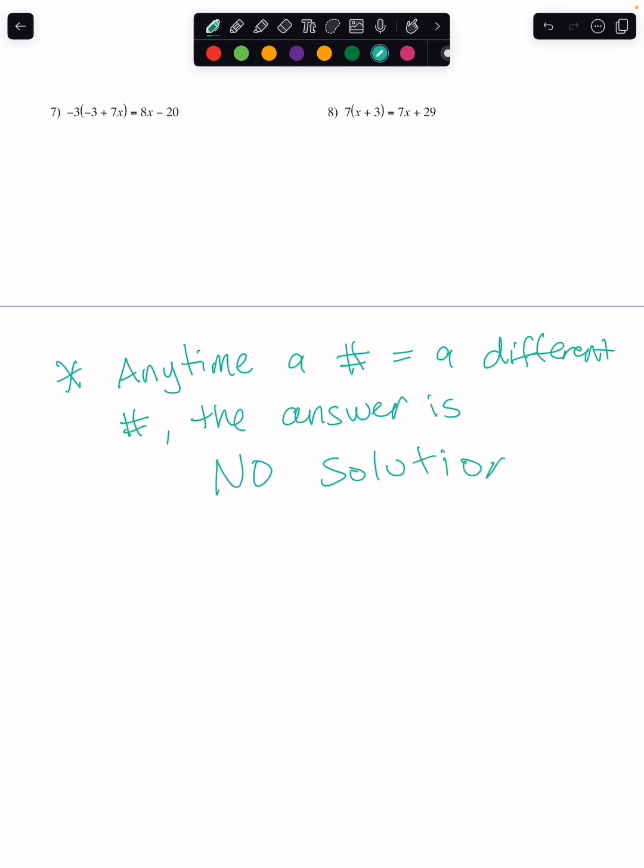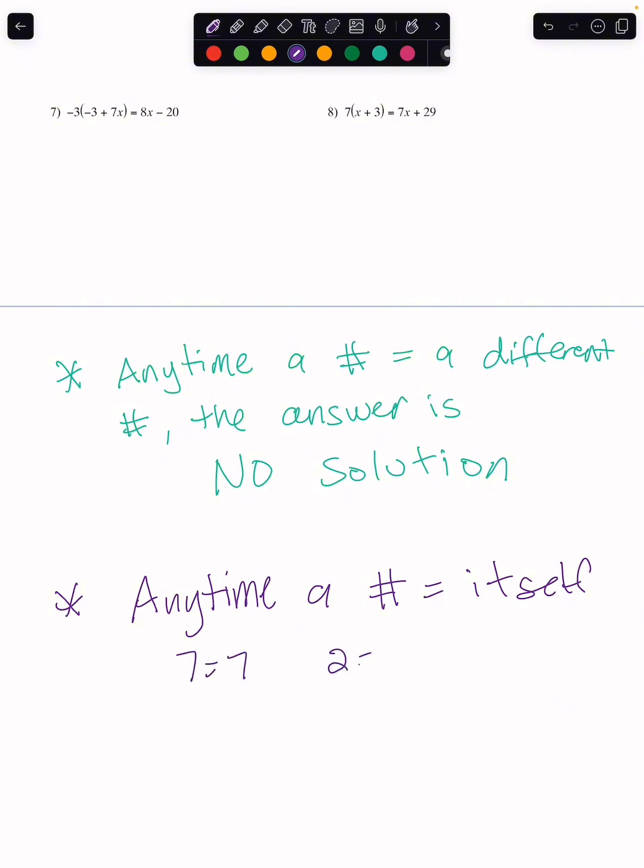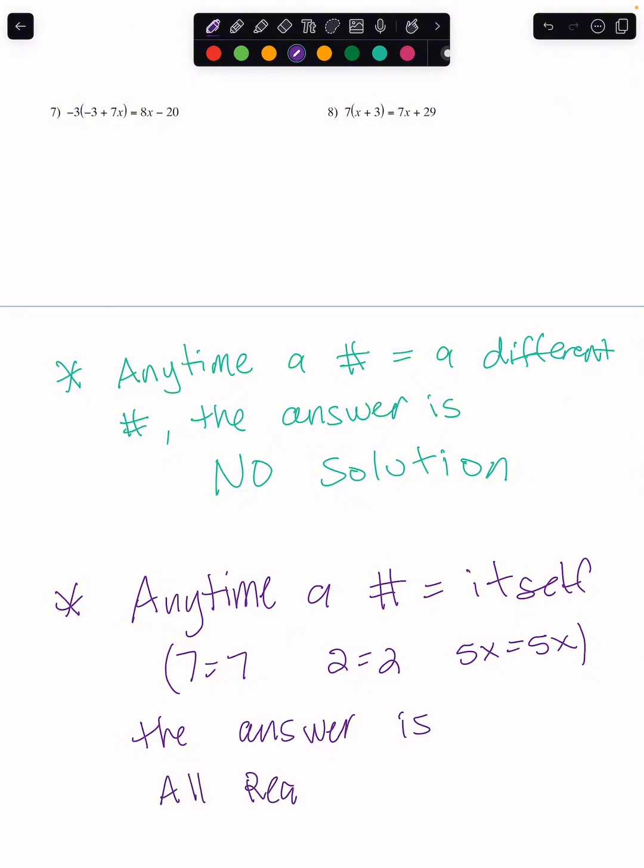As a matter of fact, since I'm down here, the other rule is anytime a number equals itself, so you end up with something like 7 equals 7, 2 equals 2, 5x equals 5x, anything where it equals itself, the answer is all real solutions.